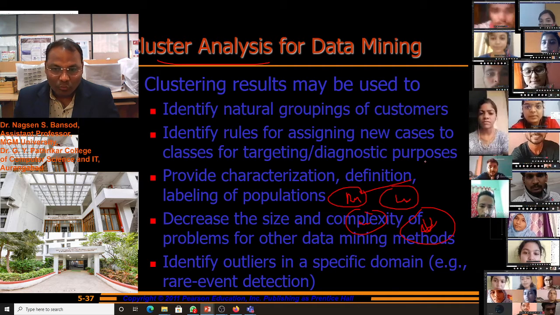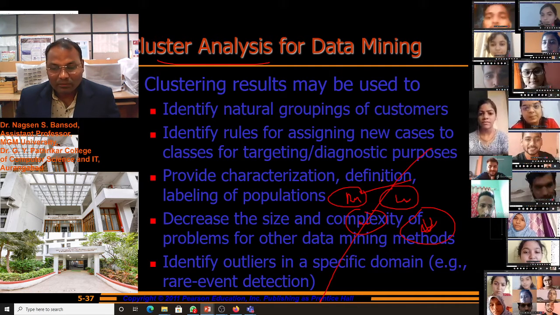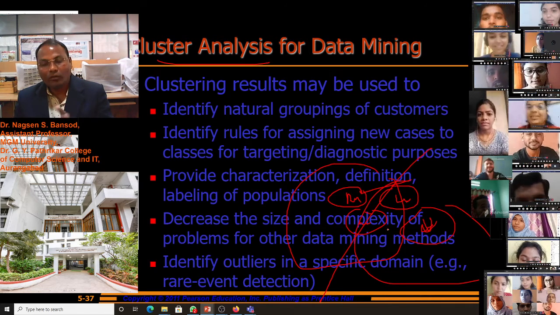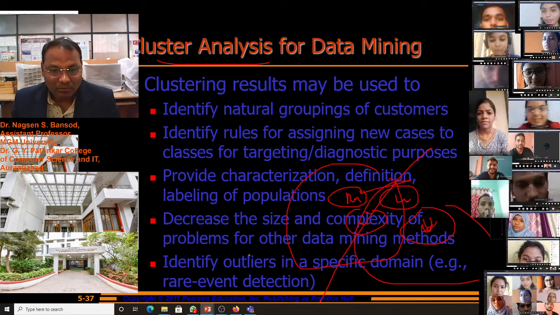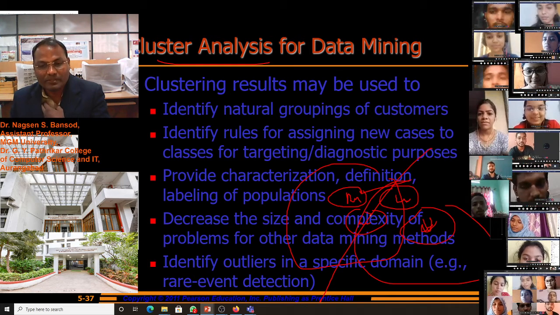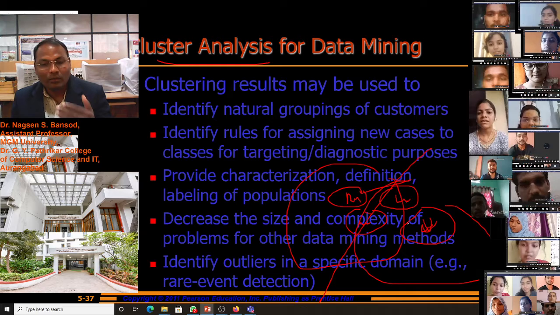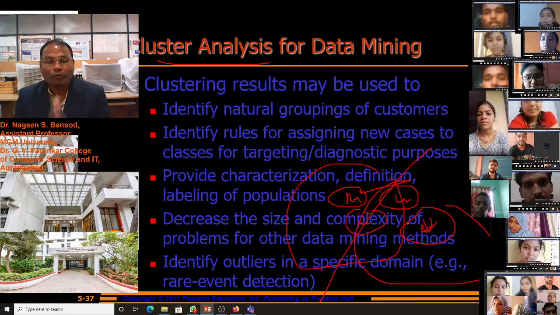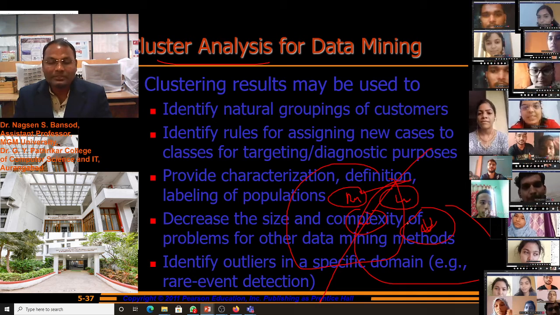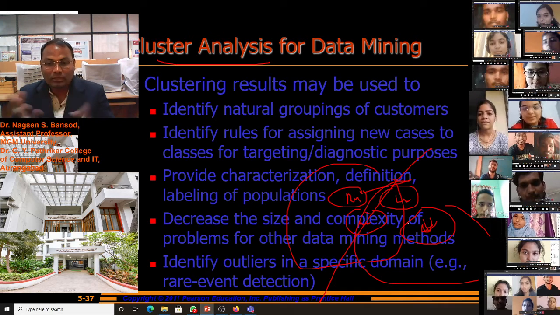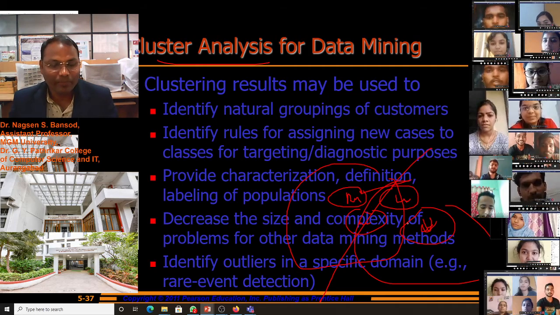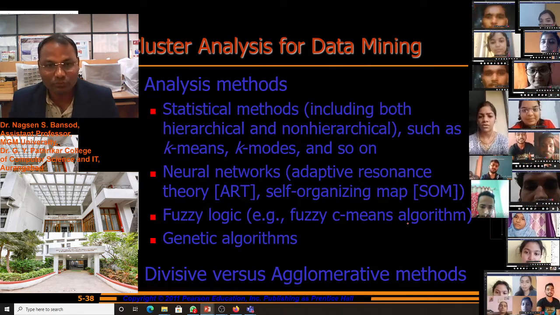Then we have to find the outlier, their area of interest for a specific domain purpose, for a specific application purpose, or for persons interested in a specific product. We have to find them from the entire data, and it is possible with the help of cluster analysis.